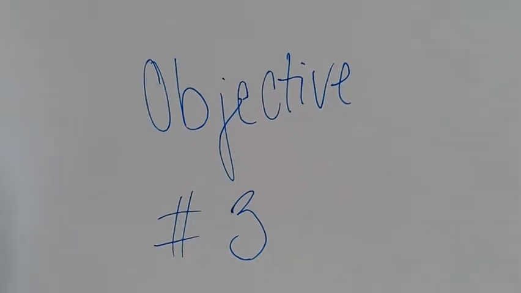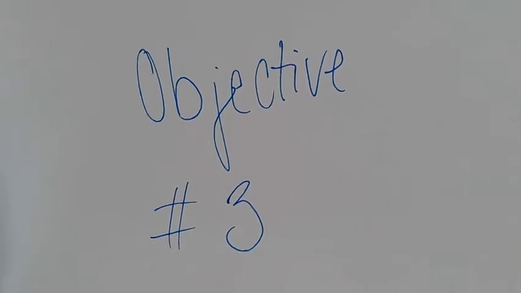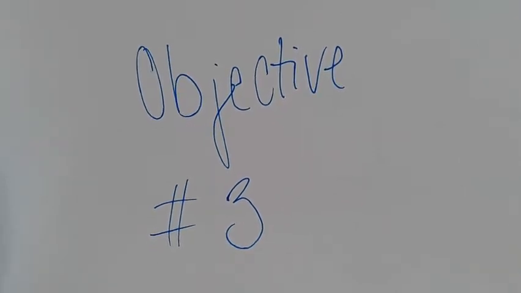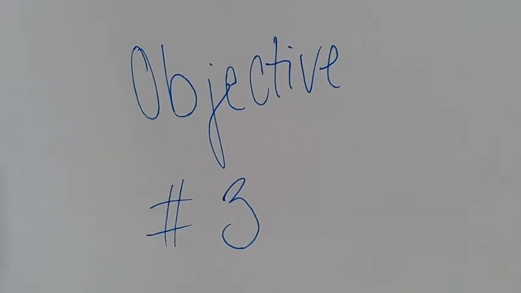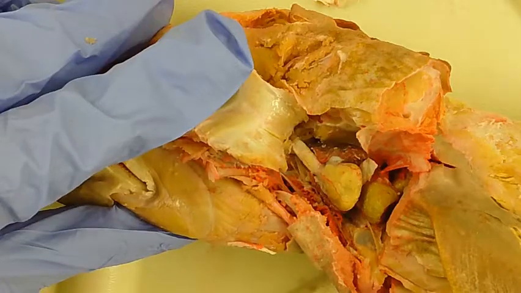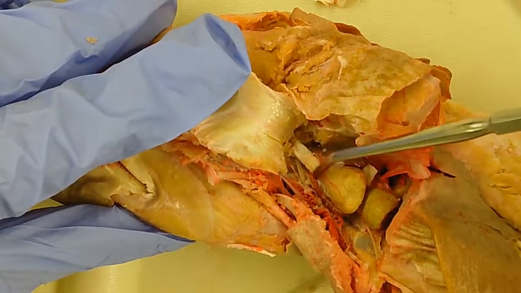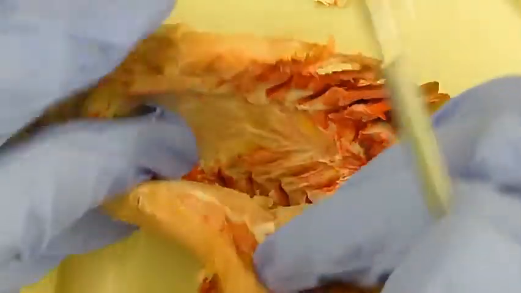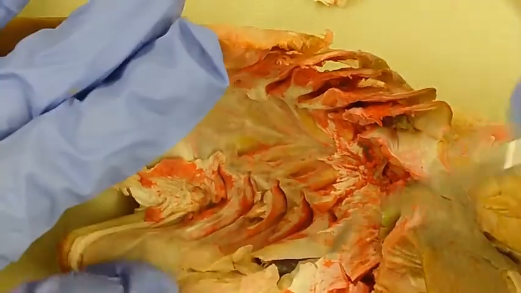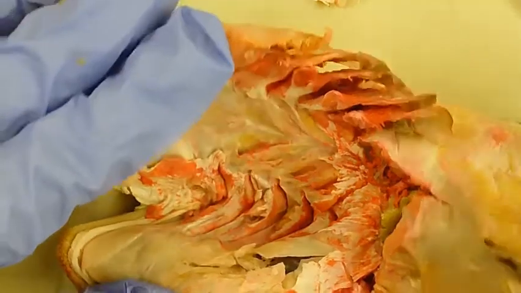For objective number 3, I will describe the systemic circulation of the shark and explain how the arteries are arranged to transport blood from the gills to the rest of the body and back to the heart. The conus arteriosus flows blood into the ventral aorta, and this whitish tube here branches off into 5 afferent branchial arches.